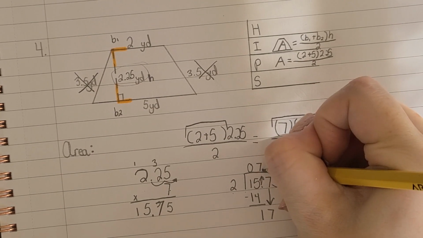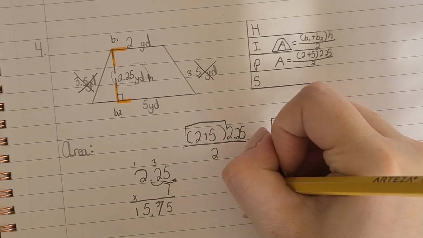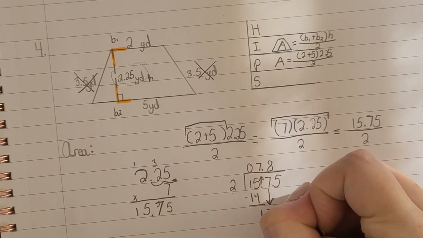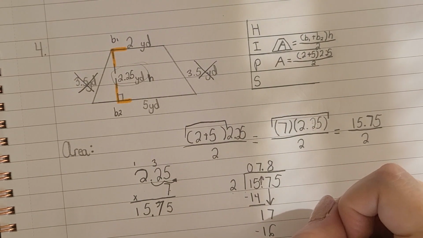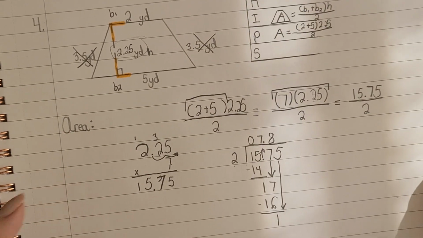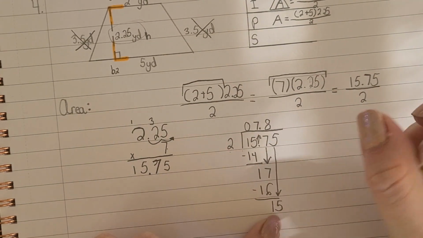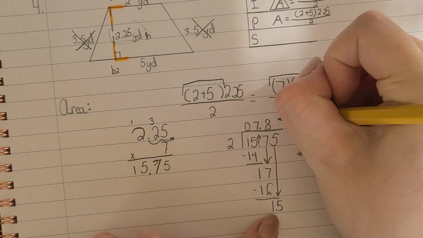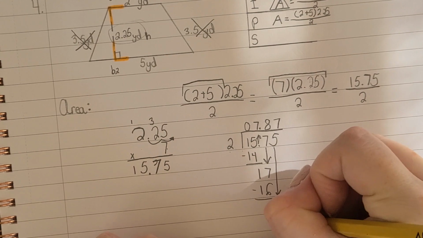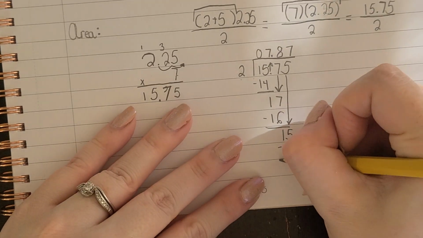Make sure you include your decimal up top. 2 goes into 17 8 times because 2 times 8 is 16. Take that out. Again, left with 1. Oh, sorry, let me make sure you can see. All right, drop that 5. 2 goes into 15 again, 7 times. Minus 14. We are left with 1.